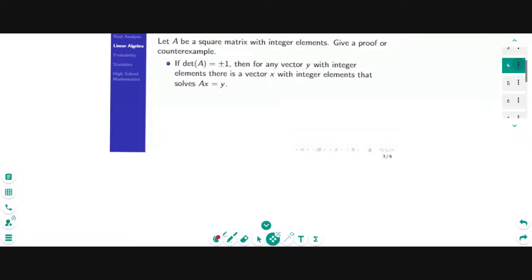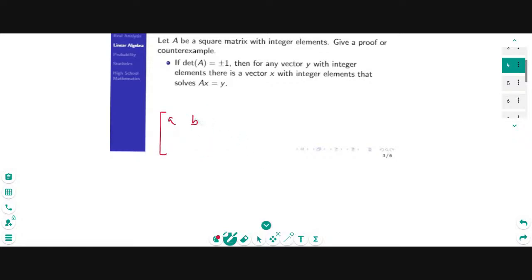The determinant of a square matrix with integer entries, let's say an example, a b c d, all integer entries, is plus minus 1.